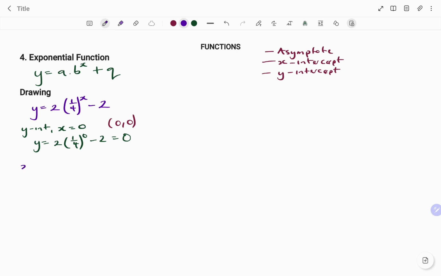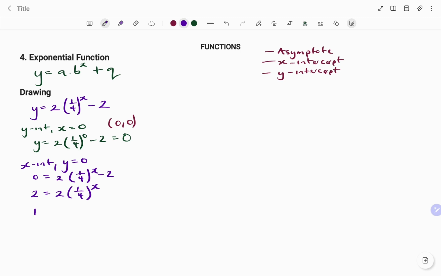Then I calculate my x-intercept, where the value of y is equal to 0. So I have 0 equals 2 in bracket 1/4 to the power of x minus 2. If I simplify, I'm going to have 2 equals 2 in bracket 1/4 to the power of x.